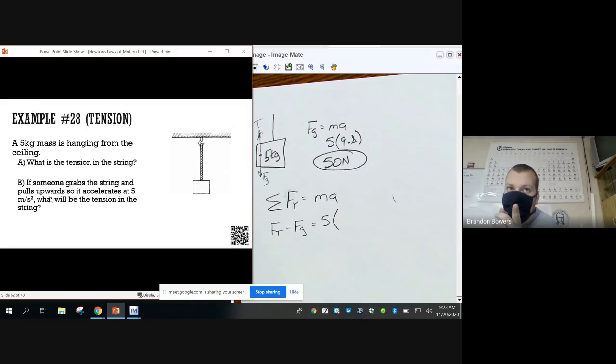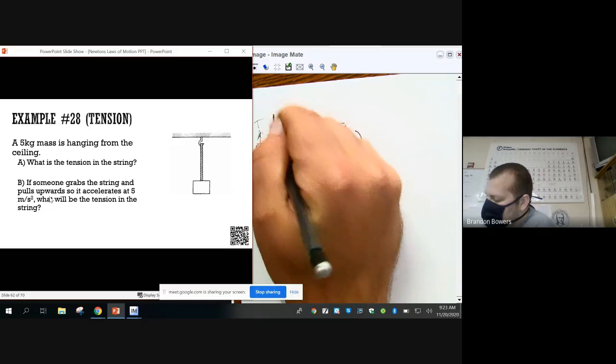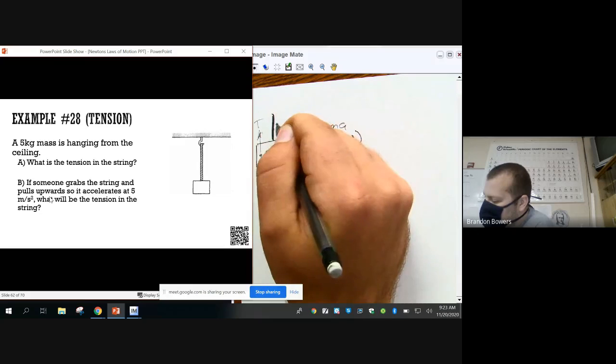You are drawing it so that it would be applied to the block, but it says it's applied to the string above the block. Are we measuring the tension above where you're grabbing it, or below? Theoretically, it would be here.